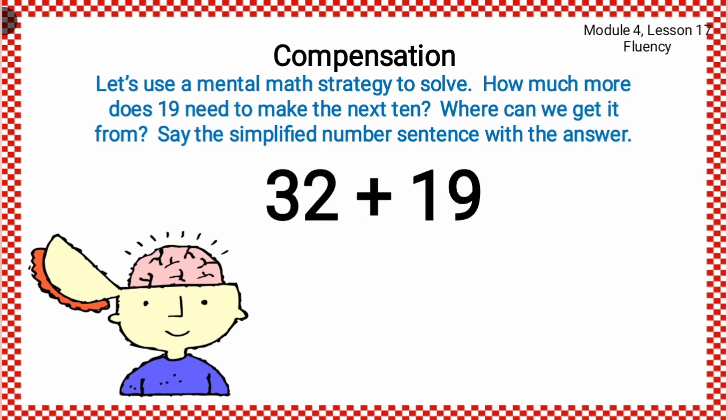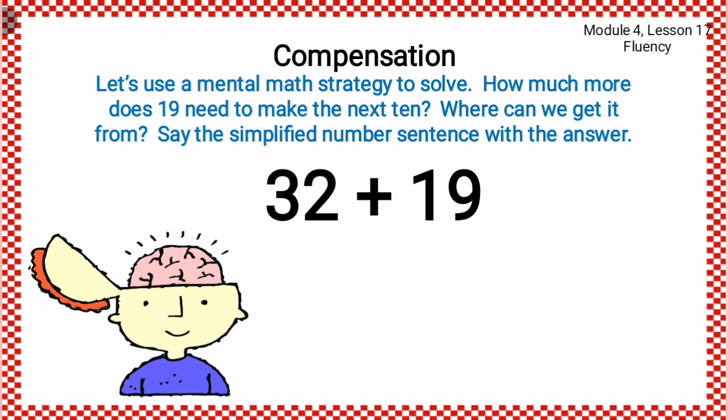I have here 32 plus 19. Just like the first one, 9 and 2. Who is closest to 10? Good, 9 is closest to 10, and it just needs 1 to become 10. Where do I get the 1 from? Exactly, I'll take it from 2.